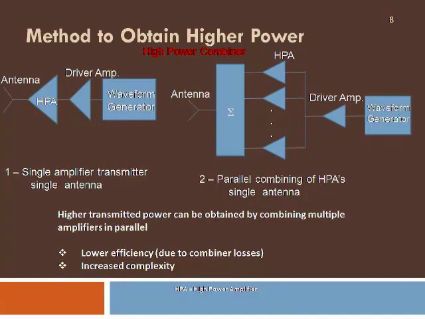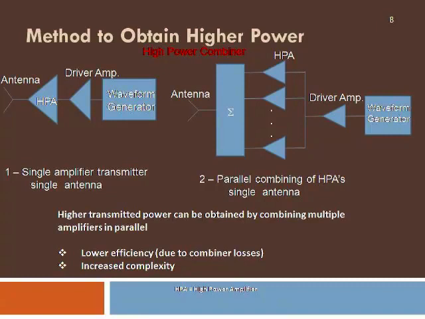So here the addition of the power output from the different power amplifiers is going to be a difficult task, but a single antenna can definitely radiate all this high power very effectively. So there are plus and minus points of using several amplifiers together or individually with different antennas.